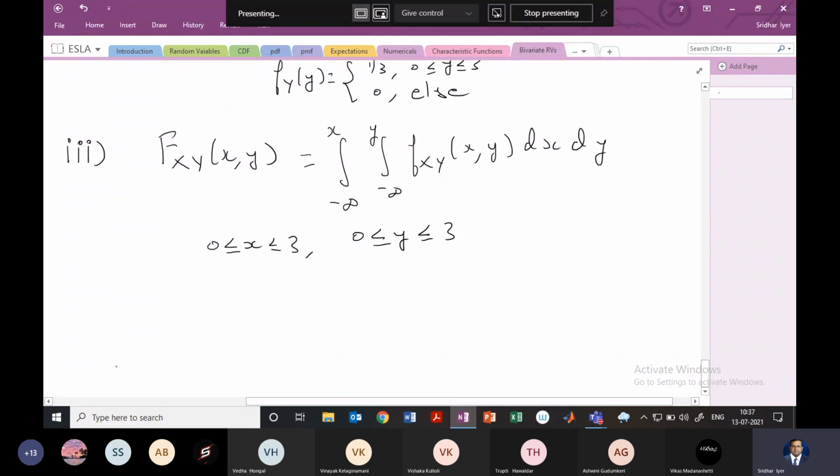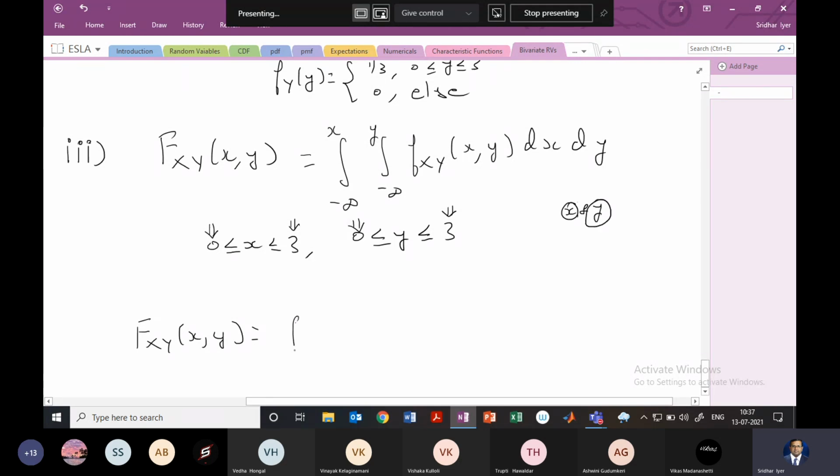So if I want to find Fxy of x comma y, the minimum value that we have for both x and y is 0, and the final value that we have for both is 3, right? However, please remember, CDF is not a constant value. It should be in terms of x and y. Therefore, the higher limit should not be put as 3. It should be put as some general x and some general y.